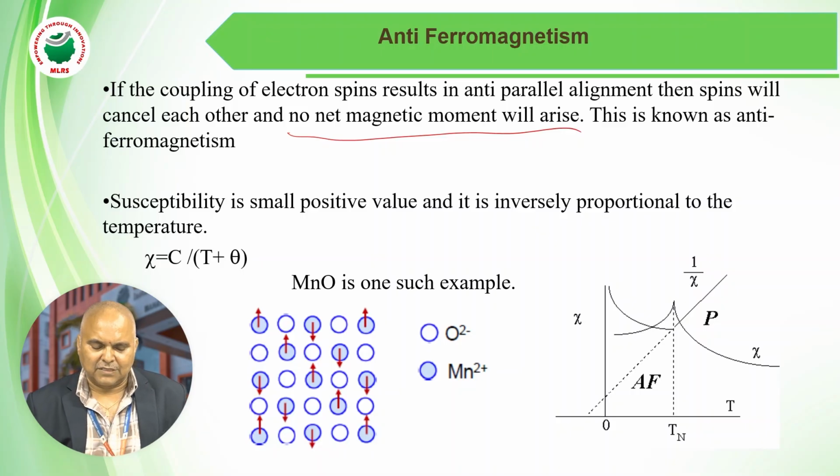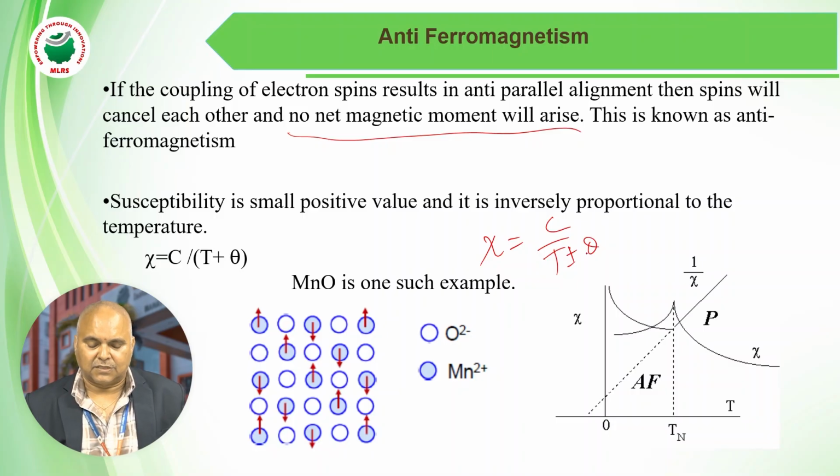Usually Curie's law says chi is equal to C by T plus or minus theta. For ferromagnetism it will be negative, and for antiferromagnetism it will be positive. Like that, the law applies to different materials, with a small positive value, inversely proportional to the temperature.